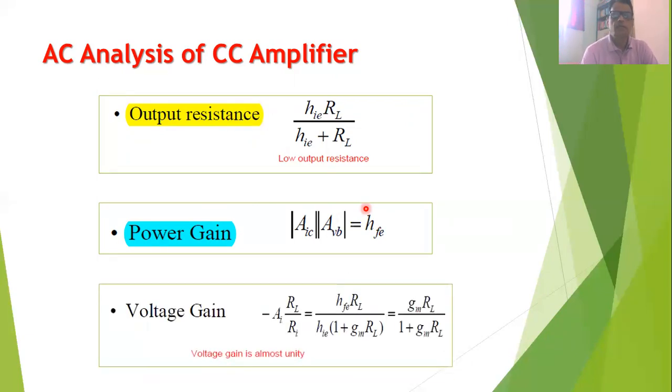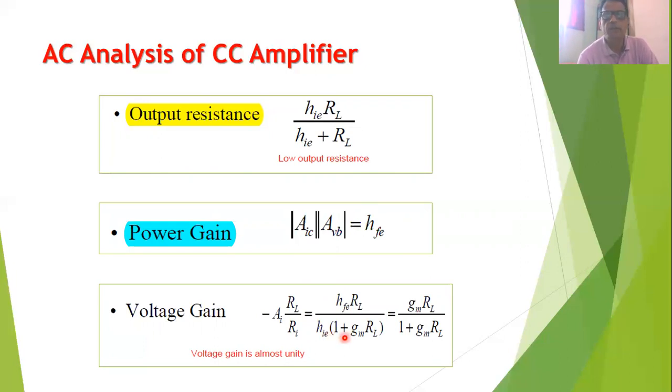It is also possible that we can obtain the voltage gain of this amplifier by using another formula. The voltage gain of this amplifier is also defined as minus current gain multiplied by RL divided by RI. So when you substitute the value of current gain as minus HFE, then you will find that HFE RL divided by input resistance HIE, in bracket 1 plus GM into RL.